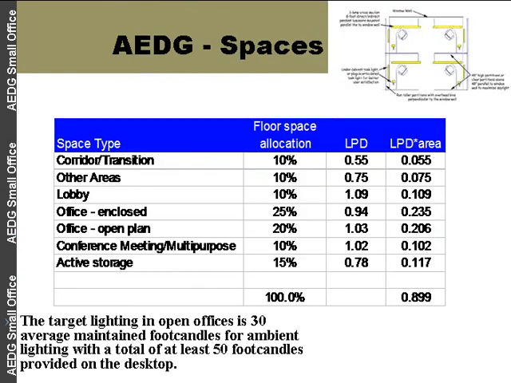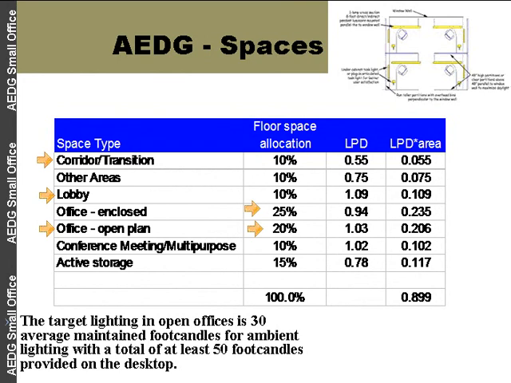We also broke the space down because you think offices, and it's like, oh, we're dealing with private offices and closed offices. Well, in those, going back to the 90.1 models, it's not just those areas. We also have about 10% of the area that's in corridors, about 10% in lobbies. The open office makes up about 20%.